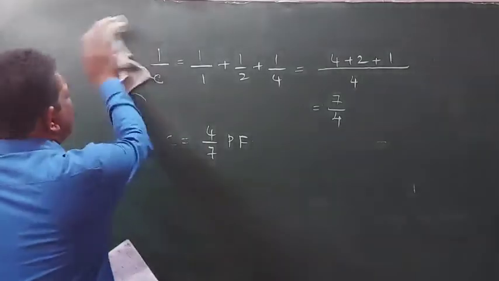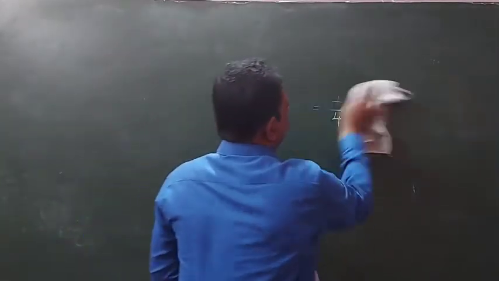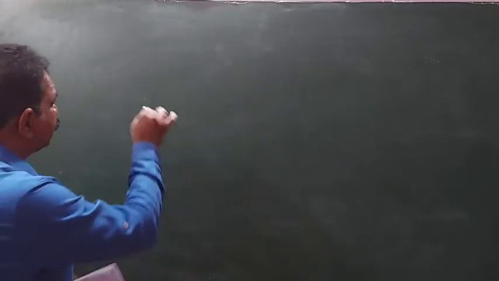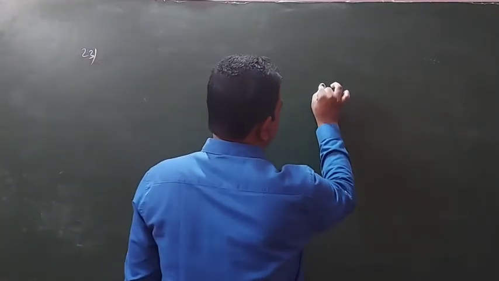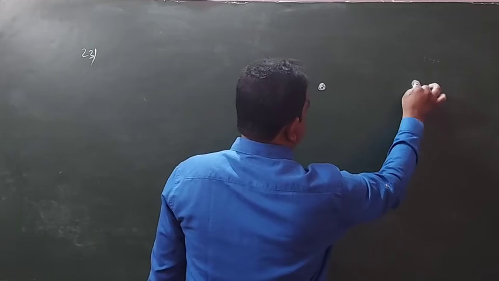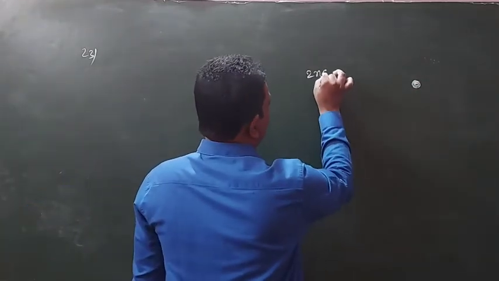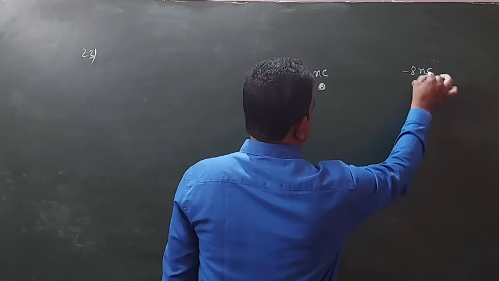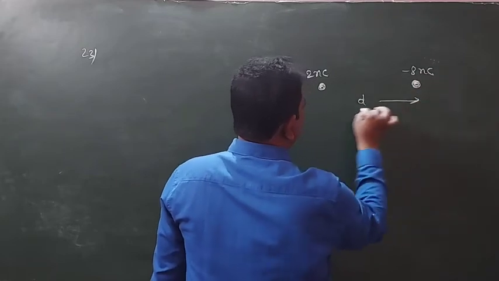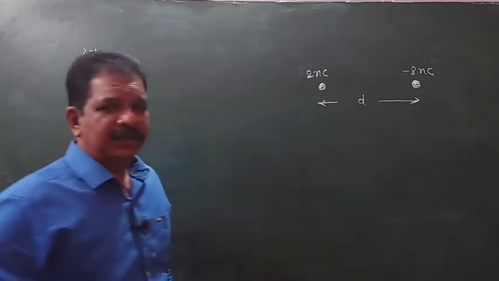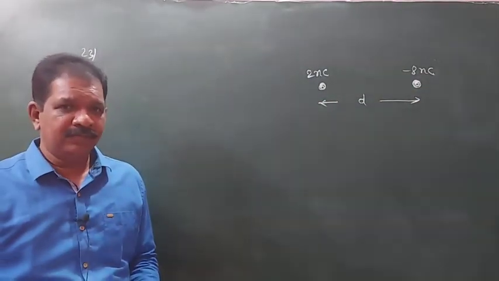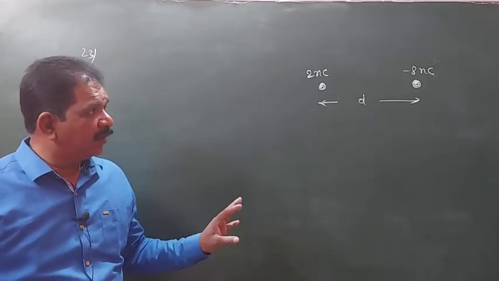See, two spheres are two bodies. Here one body, here one body. What is the charges on them? 2 nanocoulomb, minus 8 nanocoulomb. For example, they are separated by some distance d. Okay. Now what they did?